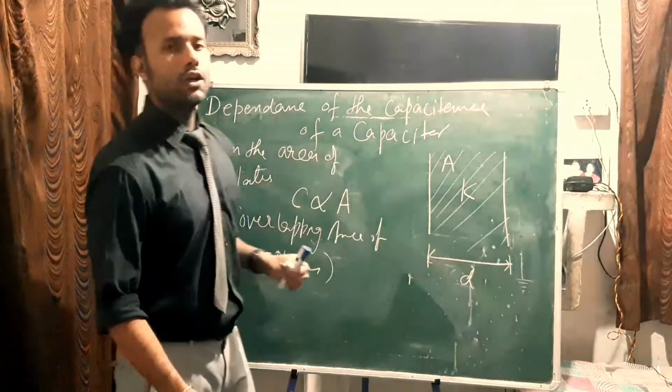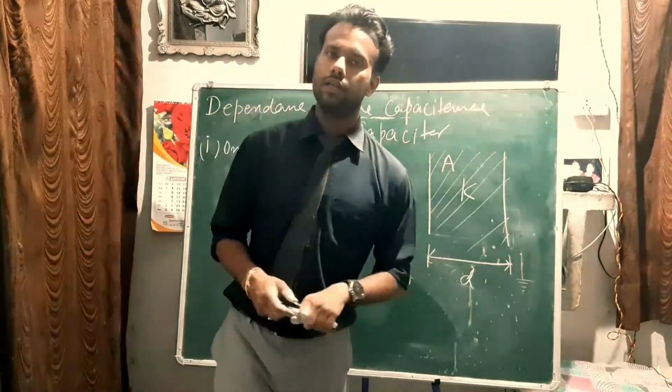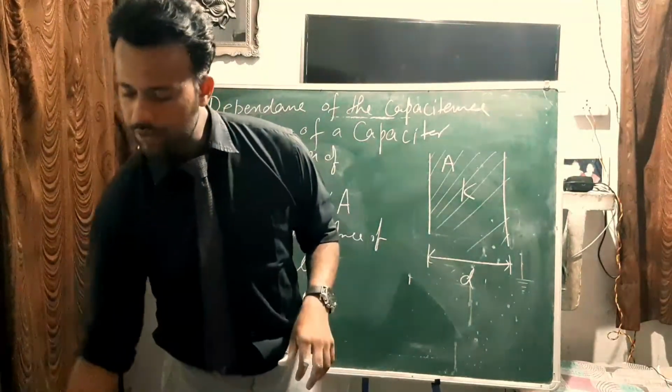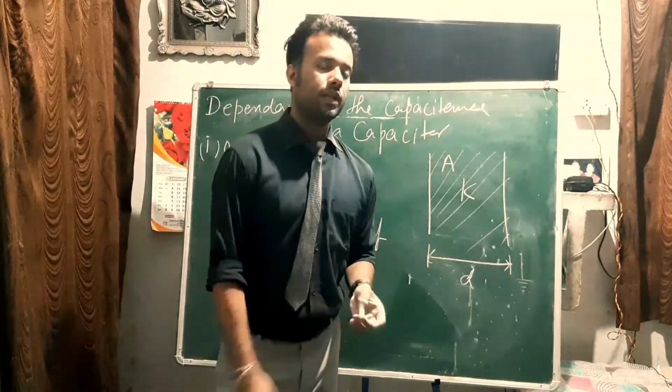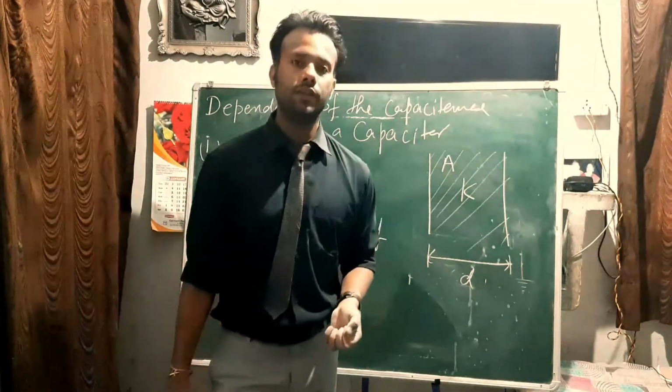So if the overlapping area of the plates increases, that means the capacitance of the parallel plate capacitor also increases. Second is the distance between the plates.